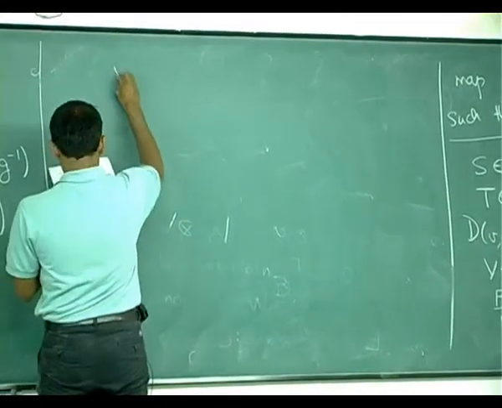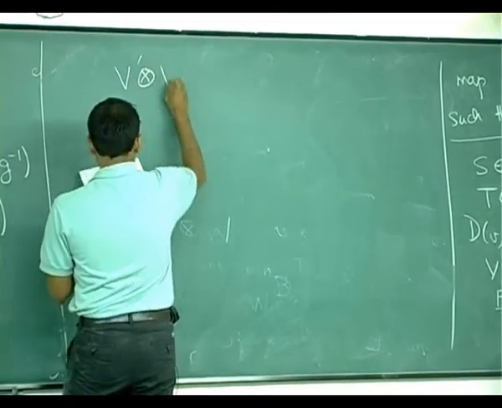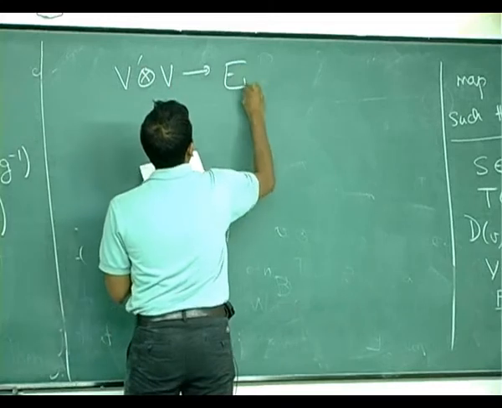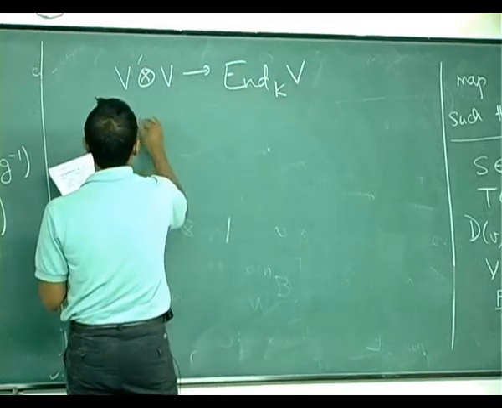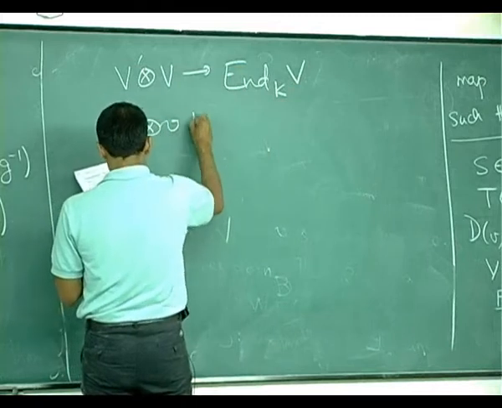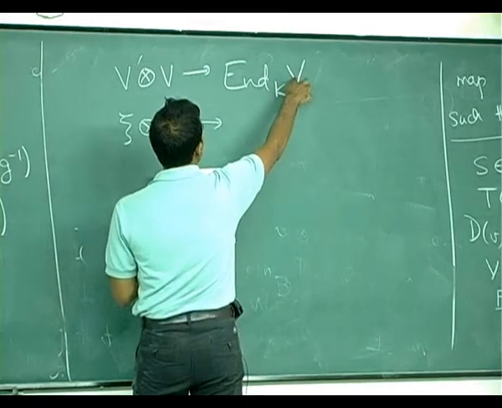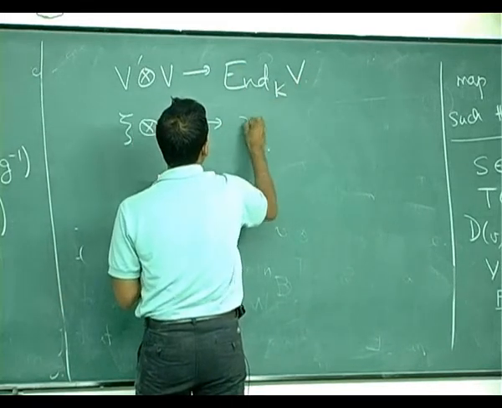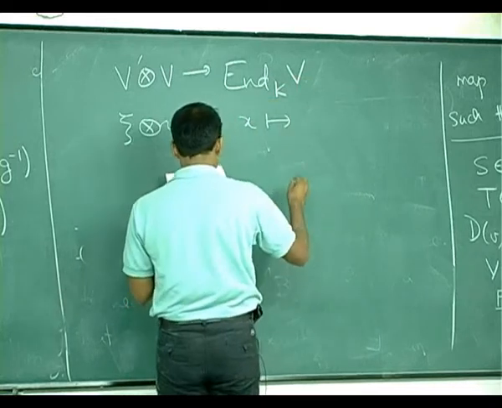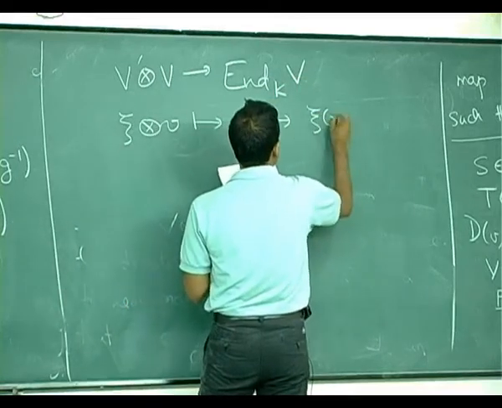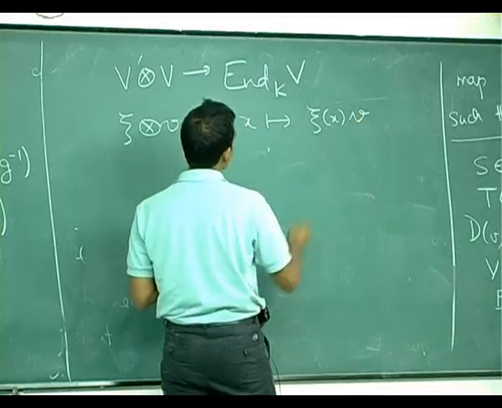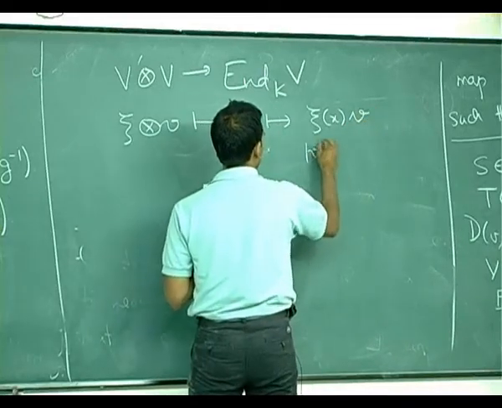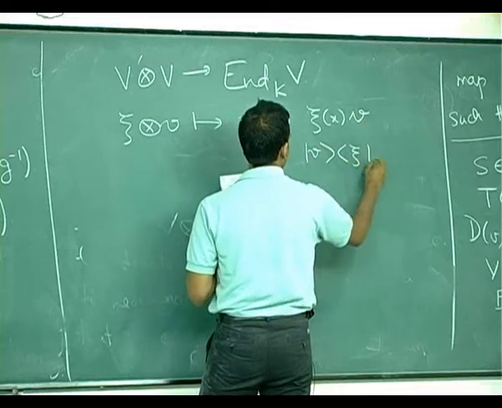So the second one is V prime tensor V to End V, which is given by Z tensor V goes to. So now I need to take a vector in V and tell you where it goes. So it goes to Z of x times V. So physicists often denote this by this symbol.